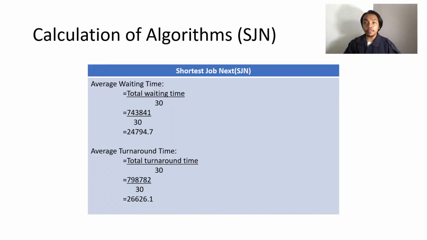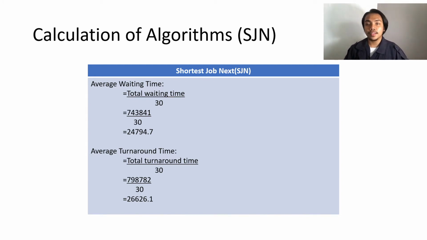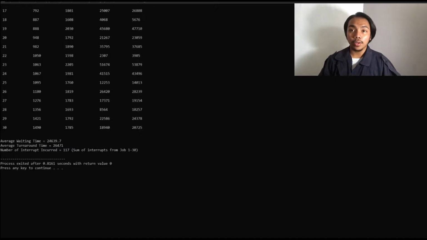For the calculation of SJN, the average waiting time is total waiting time divided by 30, that will be 24,794.7. For the average turnaround time, total turnaround time divided by 30 will be 26,626.1.